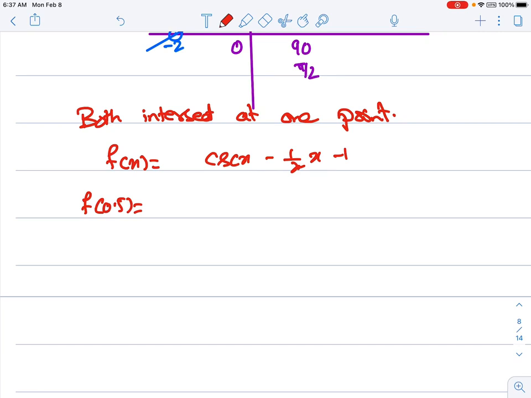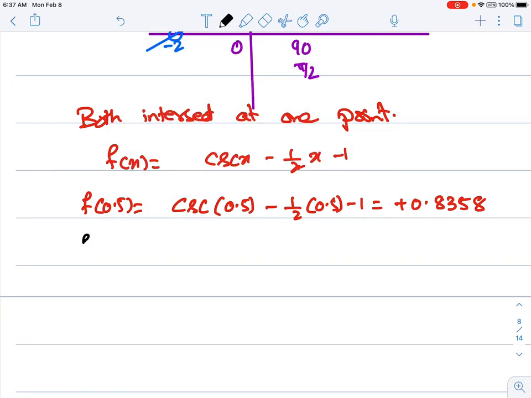Cosecant 0.5 is 1 divided by sine 0.5, minus 0.5 divided by 2, then minus 1. So when I do that, I am going to get the answer as positive 0.8358.